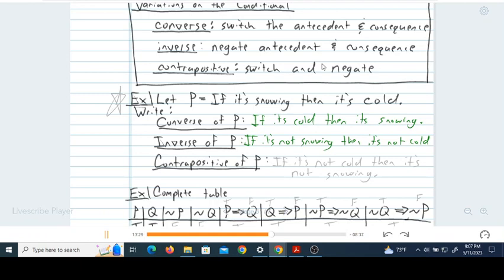And the contrapositive is we flip them and negate. So the contrapositive would be, if it's not cold, then it's not snowing. So you flip and negate.